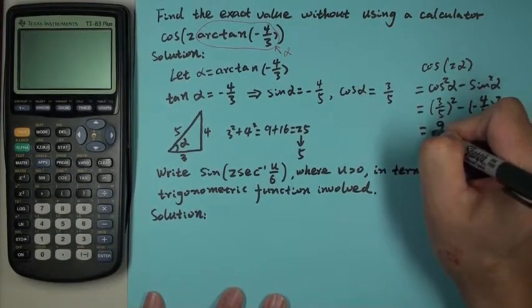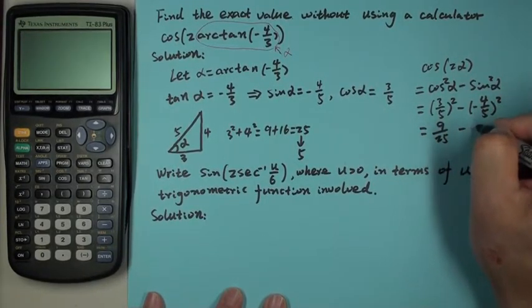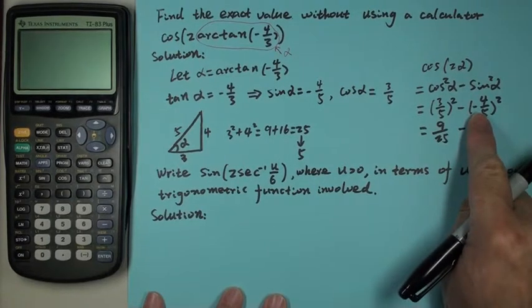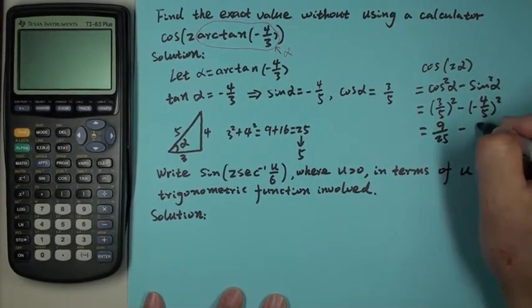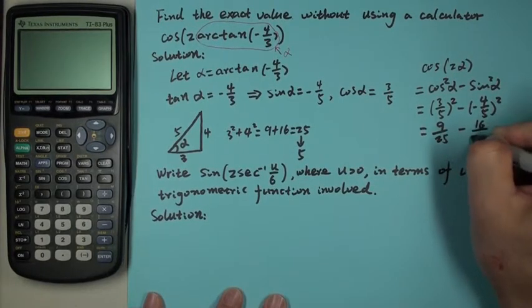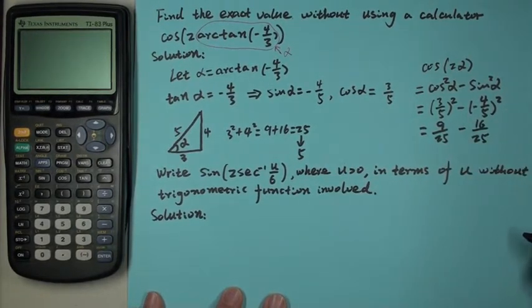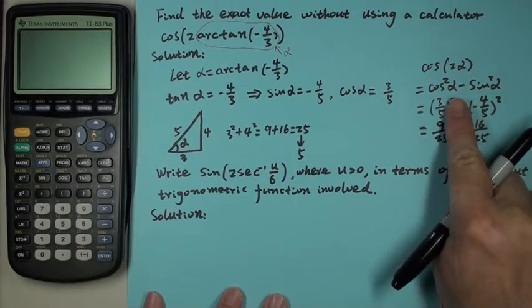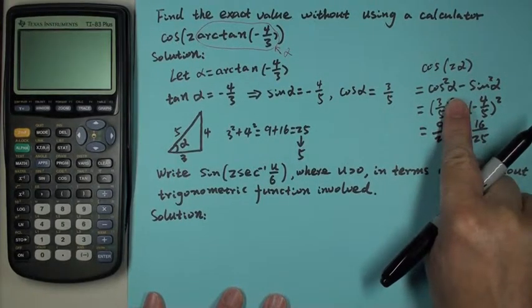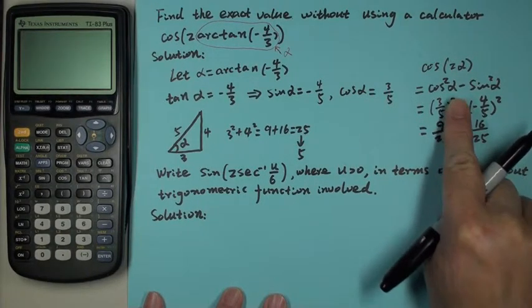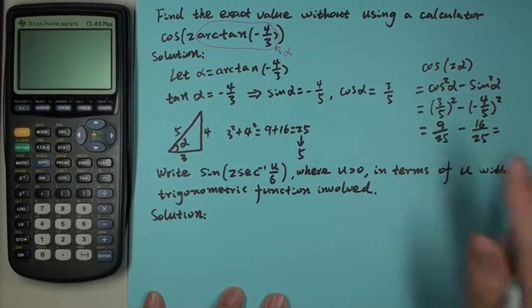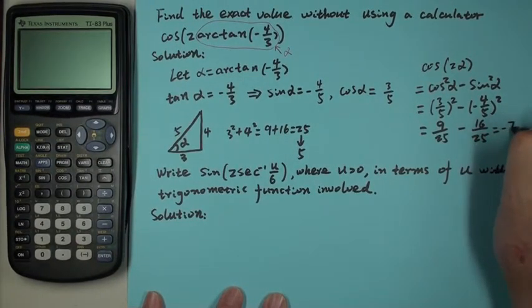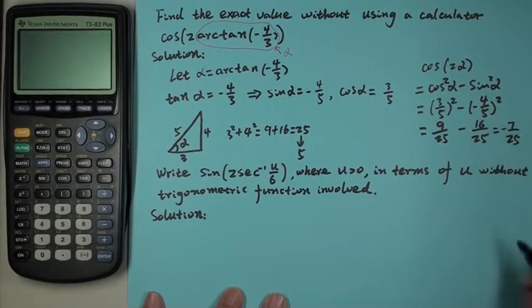That's 9 over 25 minus, you see, negative 4 squared first, so negative 4 squared is 16 over 25. Then you subtract. Negative 4 squared is positive 16, and then the minus. The final answer is 9 minus 16, which is negative 7 over 25.